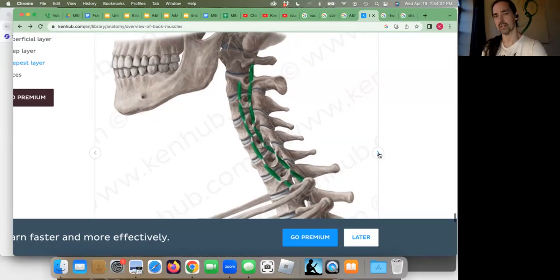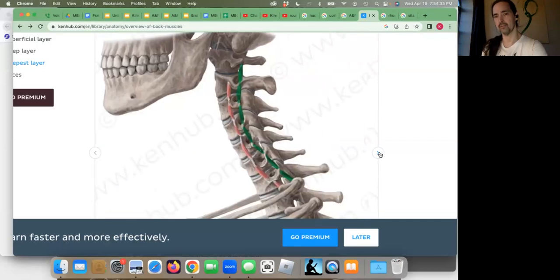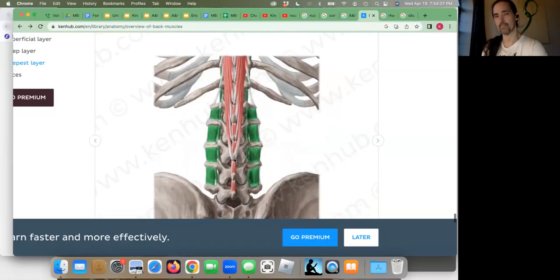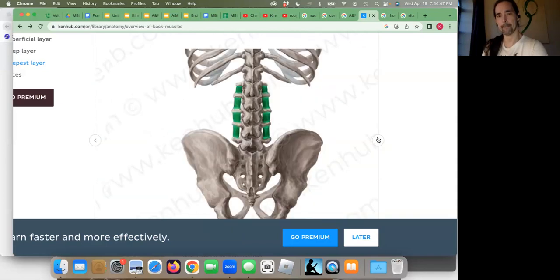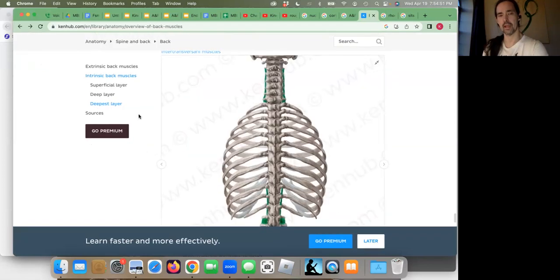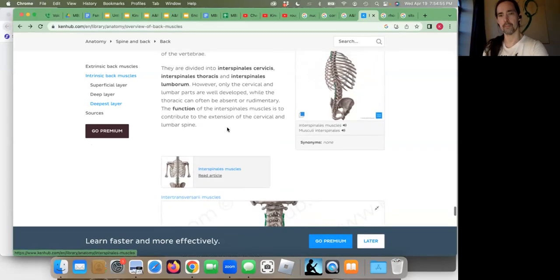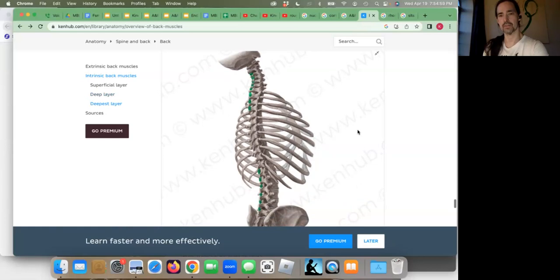Wow, those things look complicated. And then the intertransversarii lumborum. Which one of these? I guess there's two sets. Intertransversarii lumborum for sure are on the side. And then interspinalis muscles.